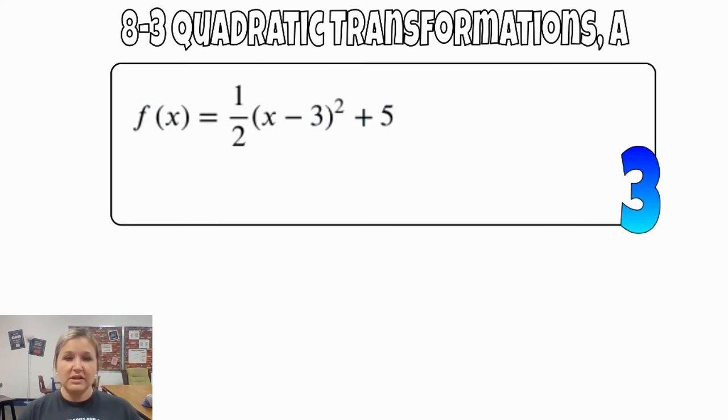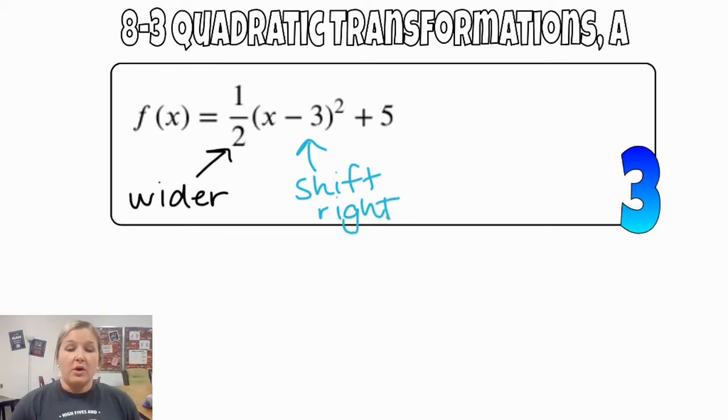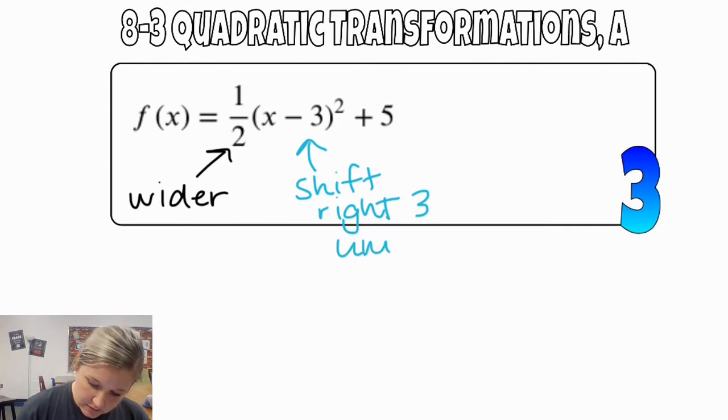All right, so let's look at this example here. I gave an equation, and we're going to find the transformations. I just like to start left and move right. So the 1/2 here is going to make it wider. The -3 is going to make it shift right 3 units.